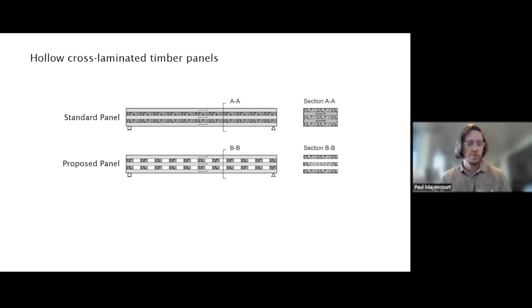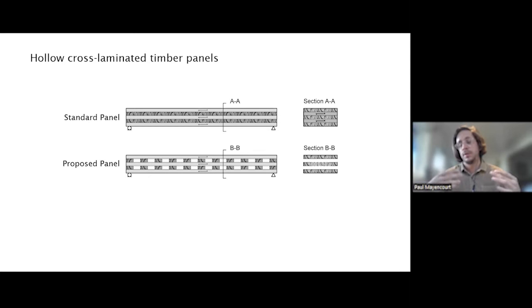But due to transportation constraints, typically the CLT panel is used as a very large and wide beam because it has no connections on the side, so it's not able to activate the two-way system as much. There are a few projects where CLT has been used as a two-way slab, for example, the Brock Commons at UBC campus.